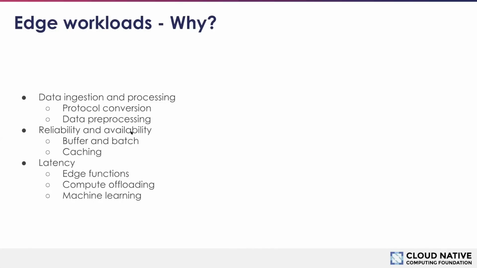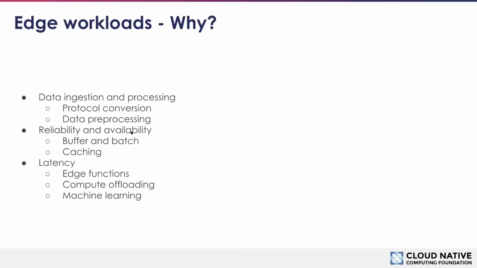So if we again take a look at the different kinds of workloads and try to answer the same old why question: why are we deploying workloads on the edge? Again, there are three broad categories identified so far.